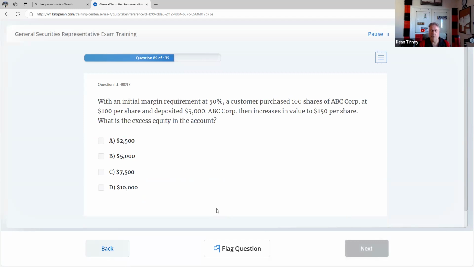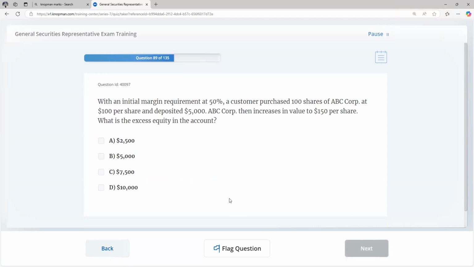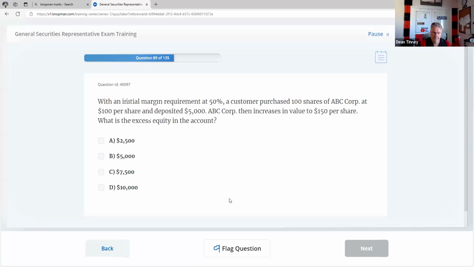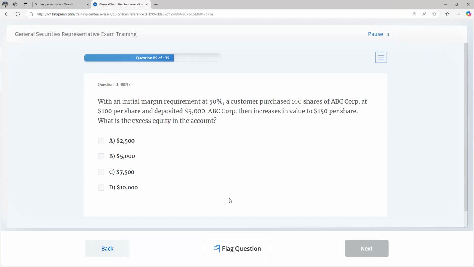With an initial margin requirement of 50%, a customer purchased at $100 per share and deposited 5 grand. It then increases to 150. What is the excess equity in the account? All right, I'm going to get my calculator out. Initial margin requirement 50%.